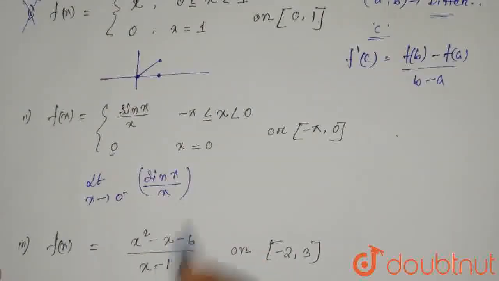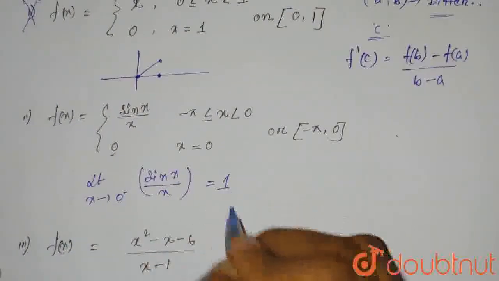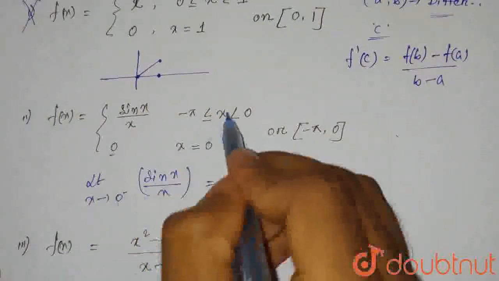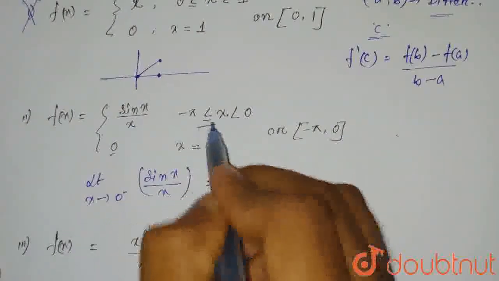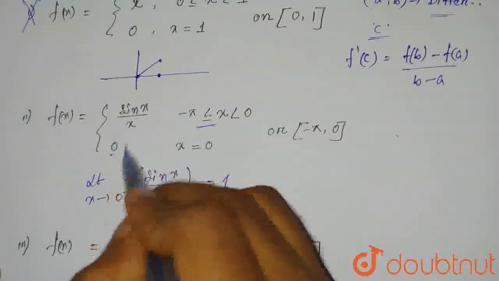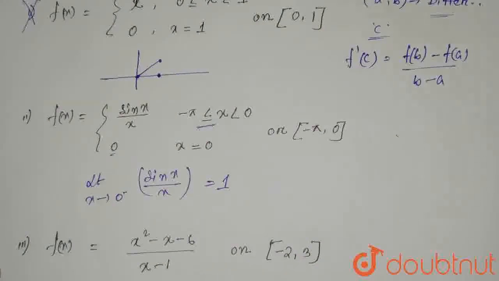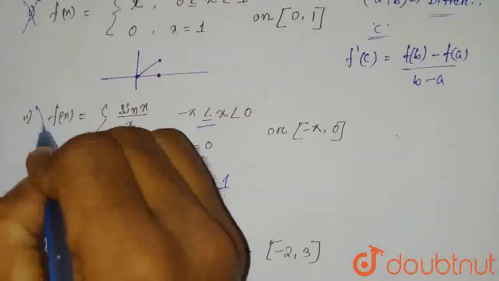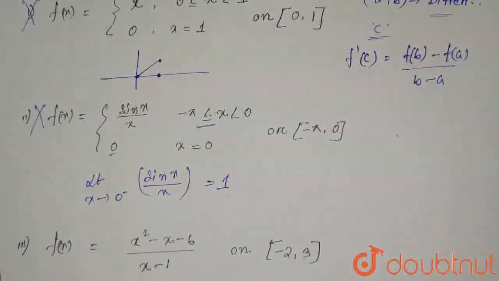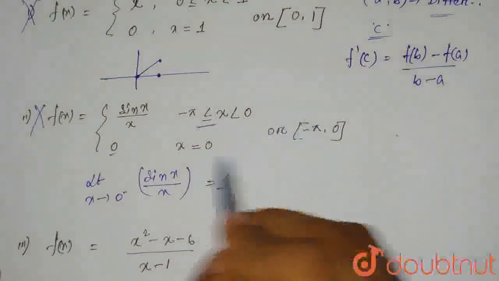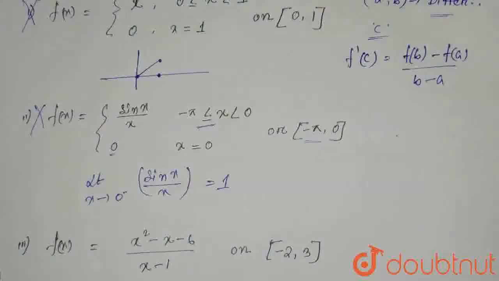There is a direct formula through which it will be equal to 1. So at the 0 point, this becomes 1 and this becomes 0. That means it's not continuous, since at the 0 point we are getting two values. So our second option is also wrong.